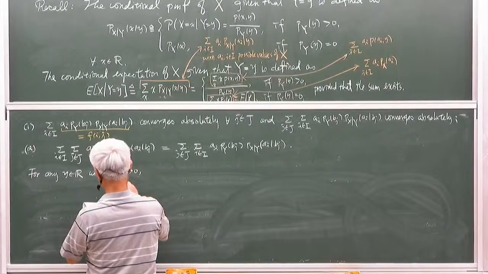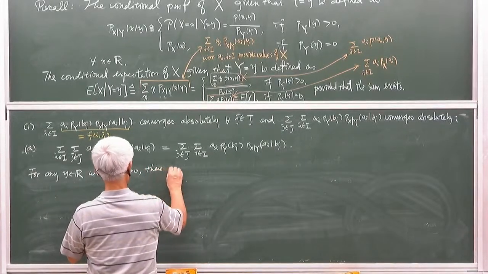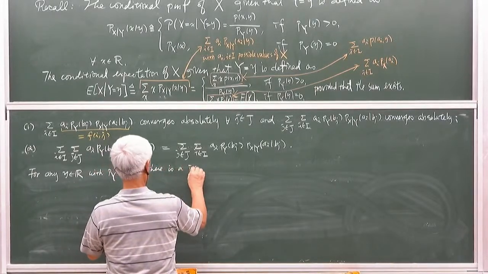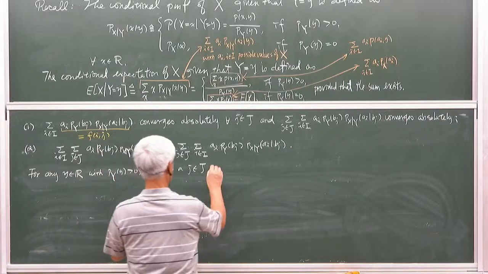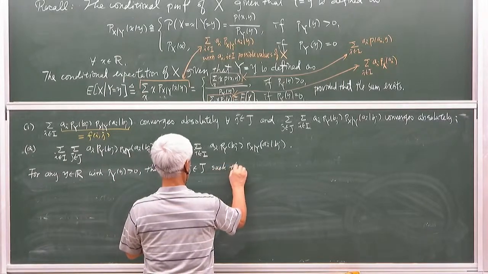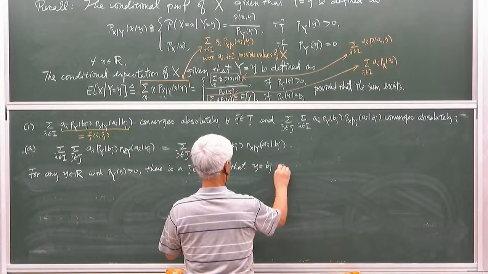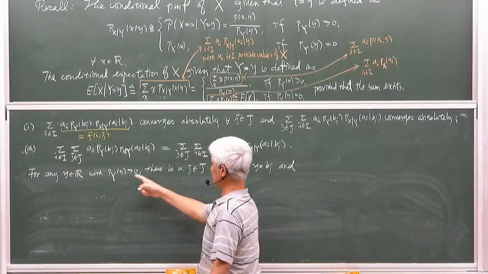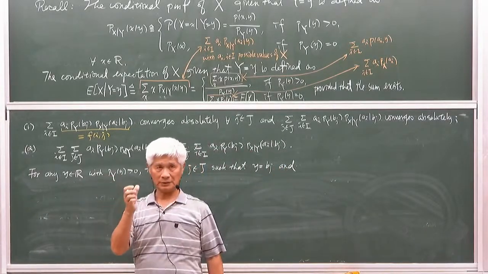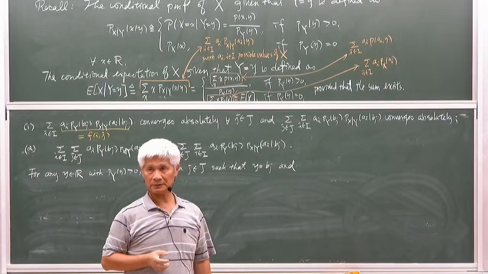Then there is a j in the index set such that y is equal to b_j, which means that this y is one of the possible values.